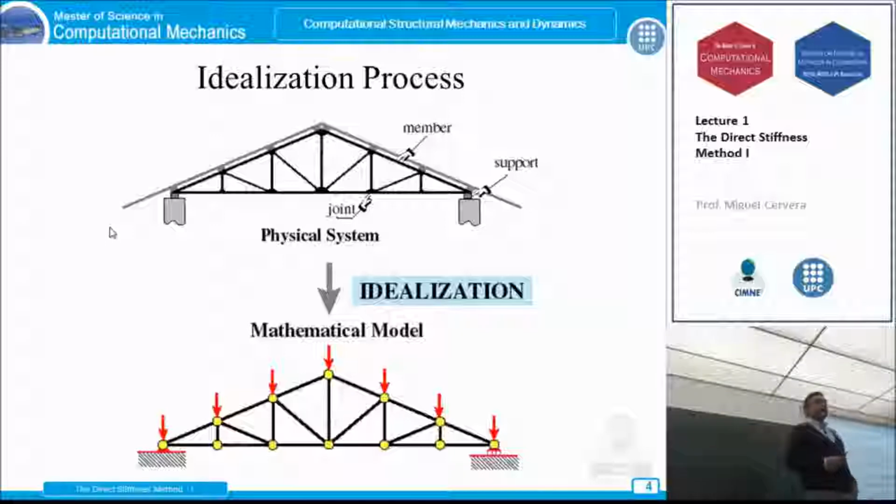Is there any other possibility? Well, there are. We are not going to spend a lot of time here, but consider this question. Why did I put my fixed point here and my roller here when in reality there is no roller here and no roller here? They are identical. Do you have an answer for that question straightforward right now, or do you have to think of it?